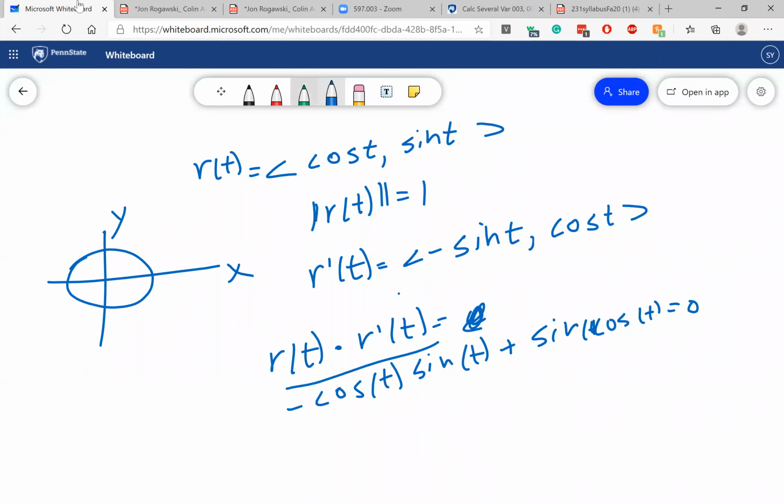And conceptually, if we want to know what's going on over here, the x component has negative sine of t, and the y component has cosine of t. So if I'm over here, then I'm currently at the point 0, 1.